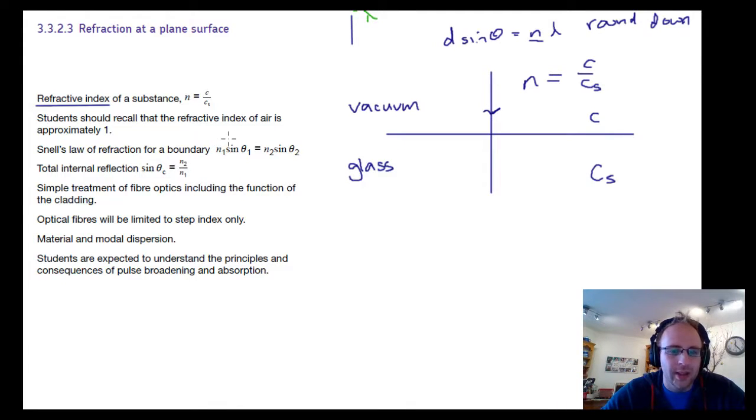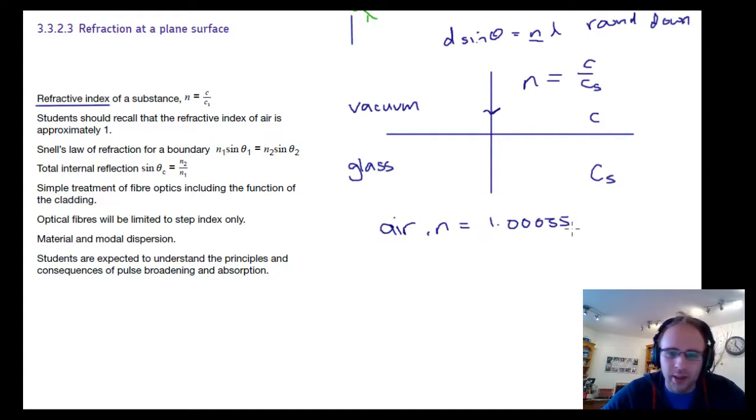Students will recall the refractive index of air is approximately 1. So air has a refractive index, I think it's 1.00035, something like that. There are no units because it's a ratio of speeds. And that's very close to 1.